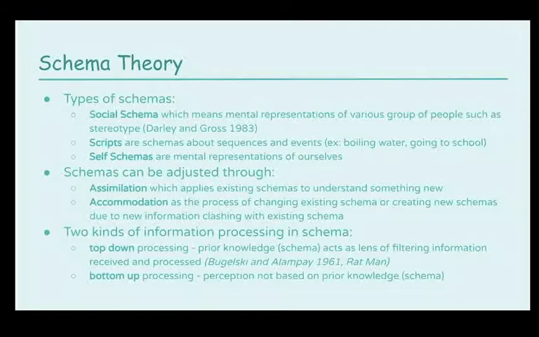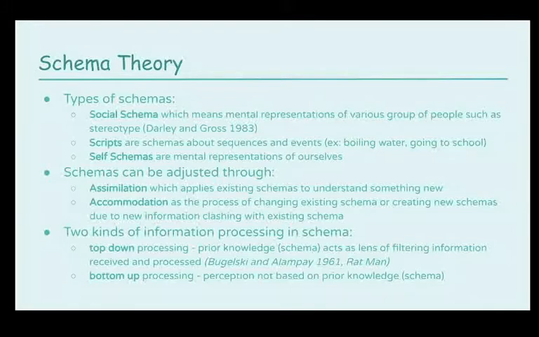There are several ways to adjust the existing schemas that we have. The first would be assimilation, which means that you apply existing schemas to understand something new. So your schema influences how you perceive something. Another way would be accommodation, the process of changing existing schema or creating new schema due to new information clashing with existing schema.